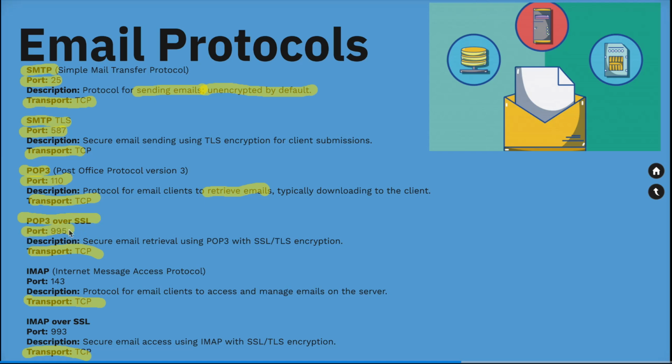And then we have another one called IMAP. The default port number is 143. This is for incoming messages and is not secure, whereas we have IMAP over SSL, port number 993, which is for secure incoming mail for the IMAP protocol.